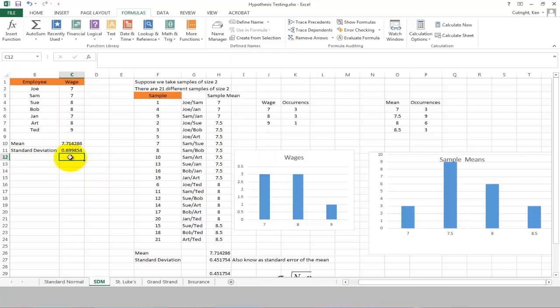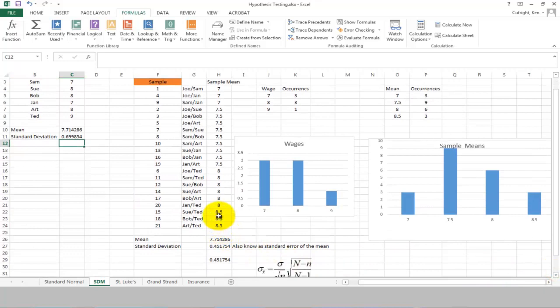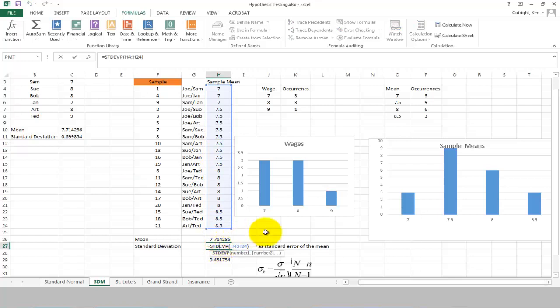So we actually determined that the standard deviation of this population was 0.699, almost 0.70. Now the sampling distribution of sample means is also a population, so I used the same formula. I used the standard deviation for a population to get that number, and it turned out to be 0.4517.